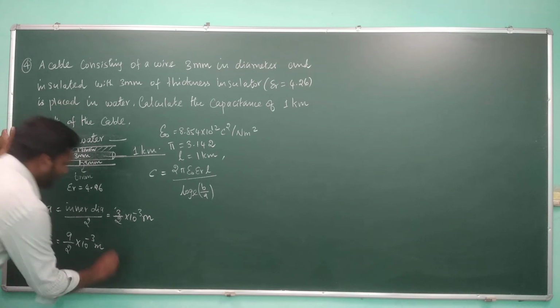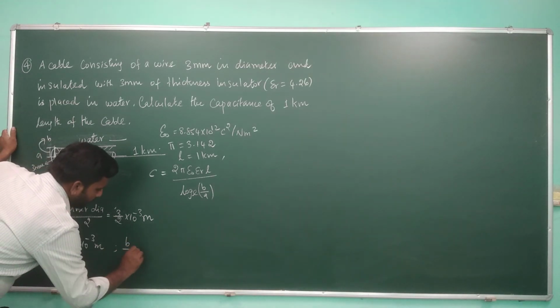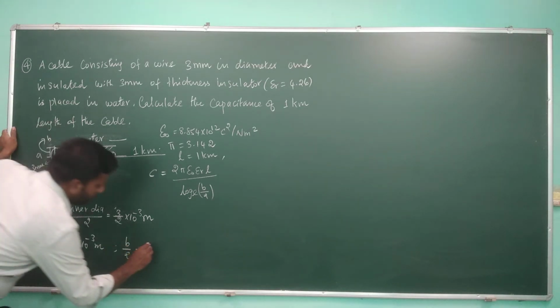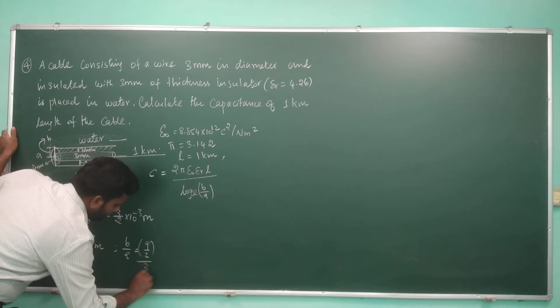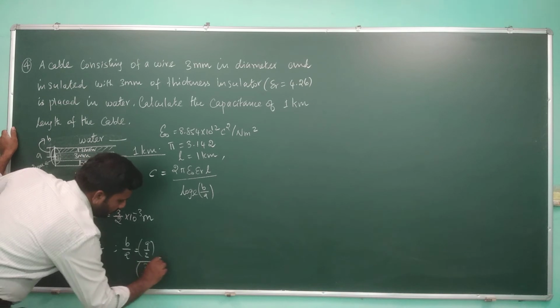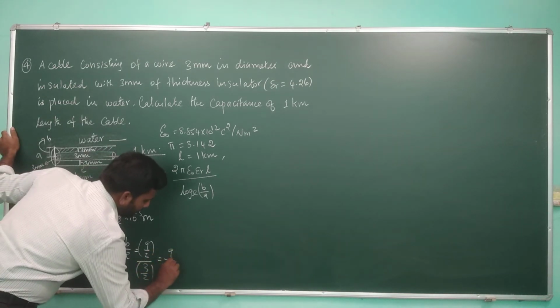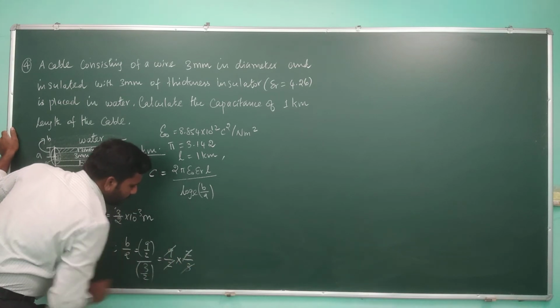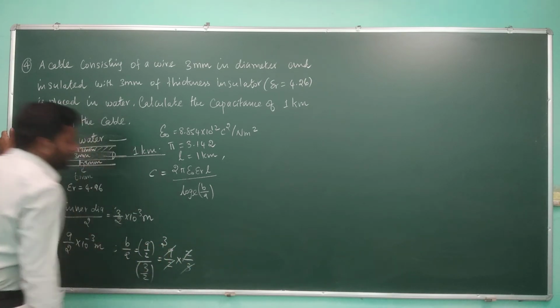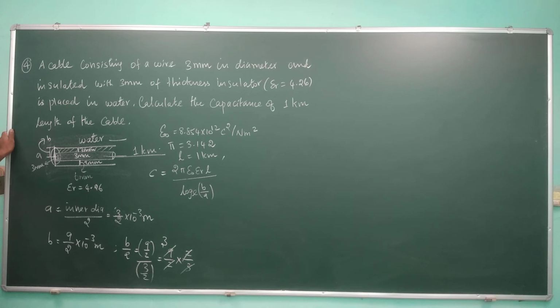So what is B by A? B divided by A is equal to 9 by 2 divided by 3 by 2, which is 9 by 2 multiplied by 2 by 3. These cancel out each other, and it will give you 3.